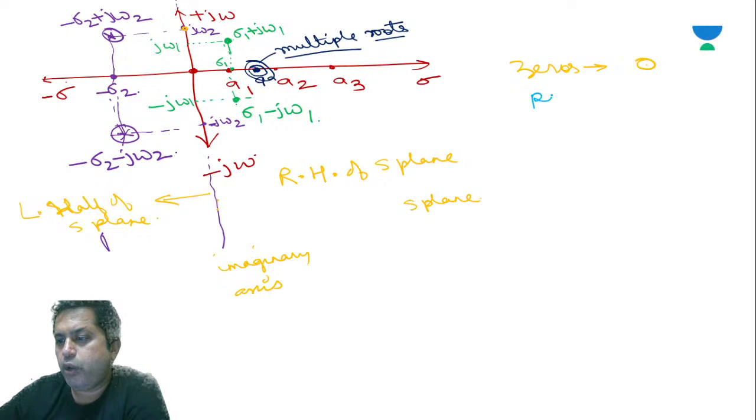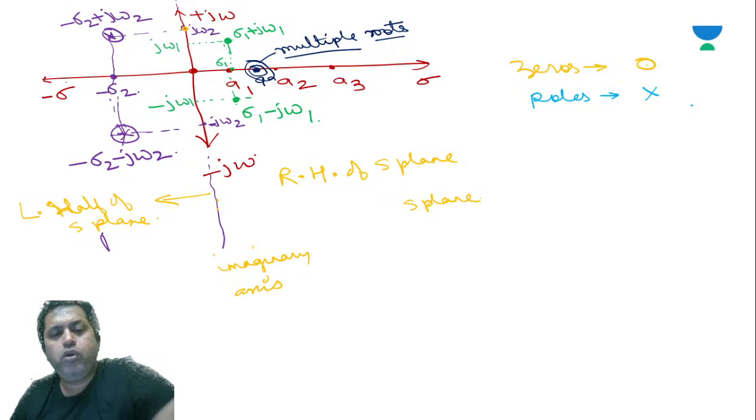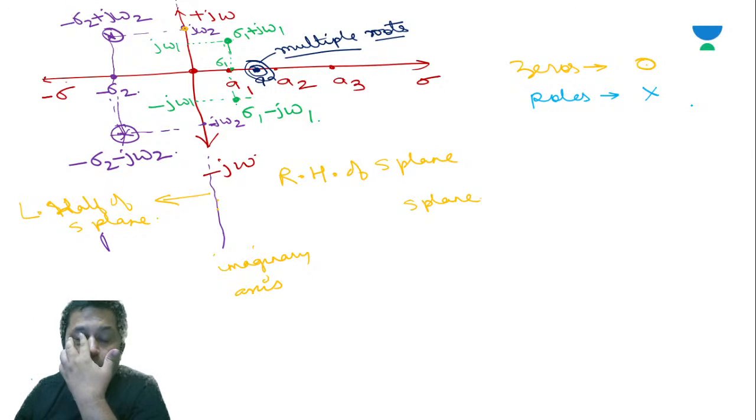Poles are denoted by crosses. In this way you can construct a pole zero plot.